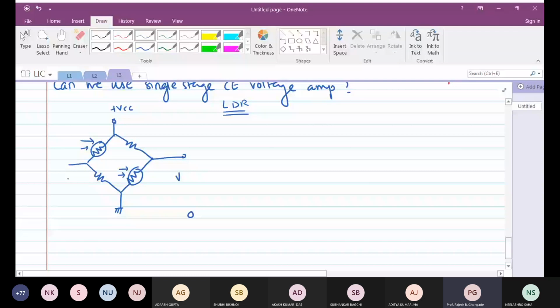So this voltage which is generated, let us call this VA, or let us call this V1. You know that V1 will be proportional to the incident light in lux. So we'll be having a simple lux meter. Have you seen something like this, guys?